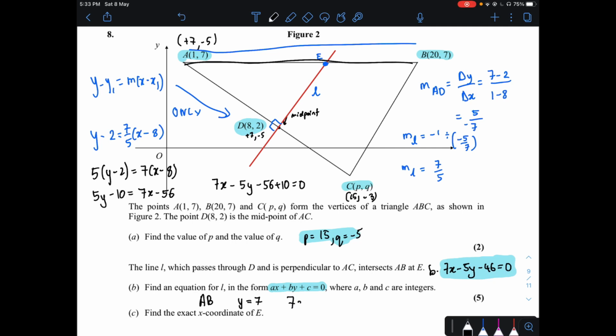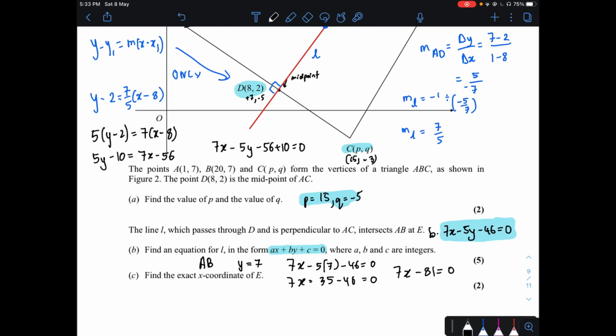That will be 7x minus 5 times 7 minus 46 equals 0. 7x minus 35 minus 46 equals 0. So you're left with 7x, and minus 35 minus 46, that's minus 81.